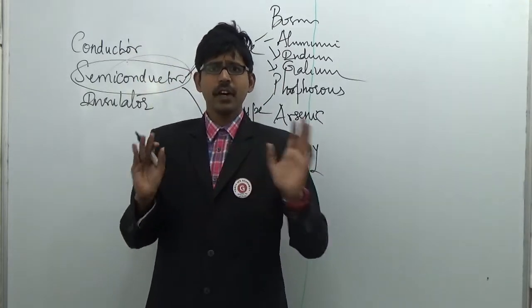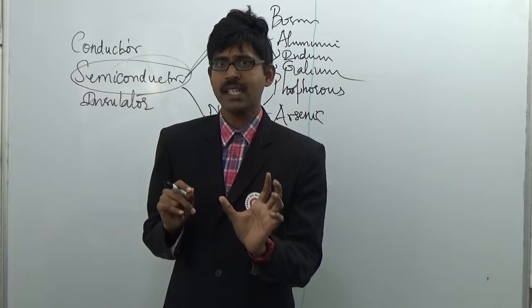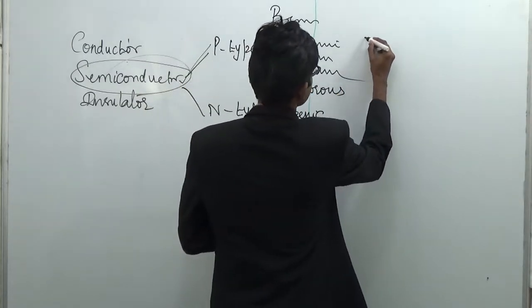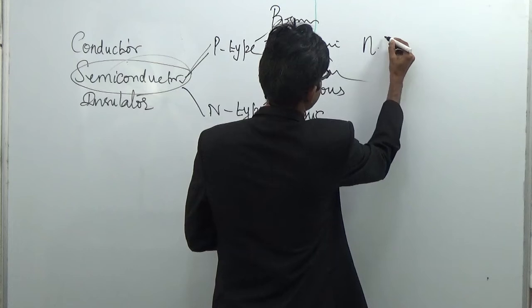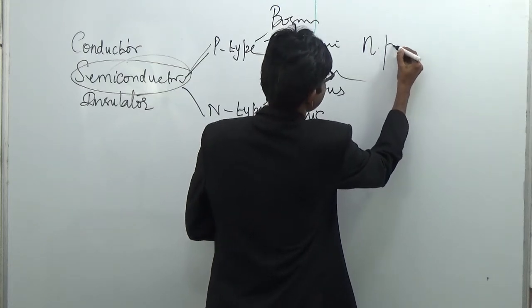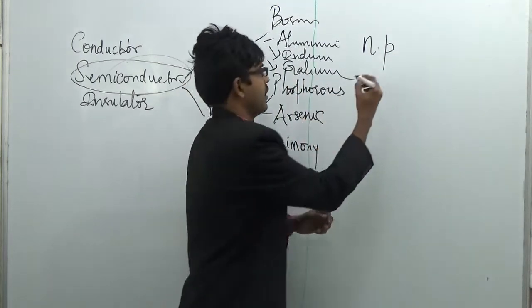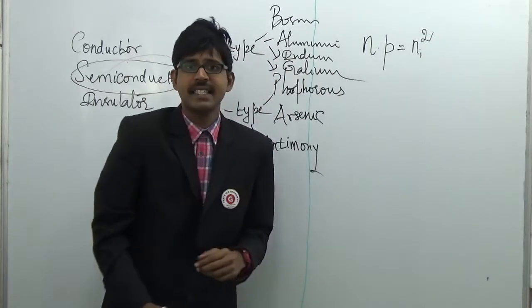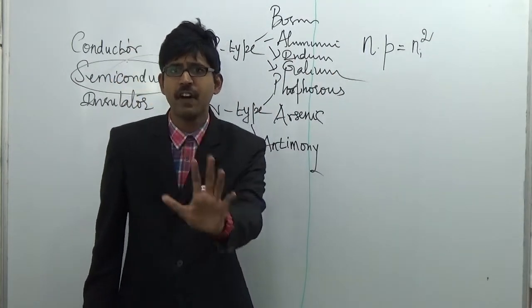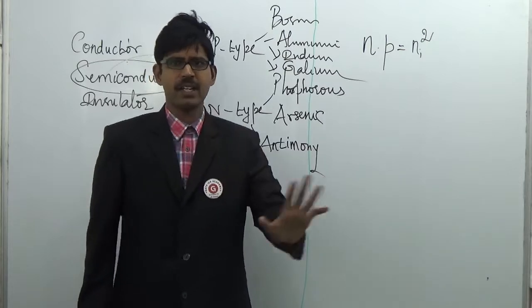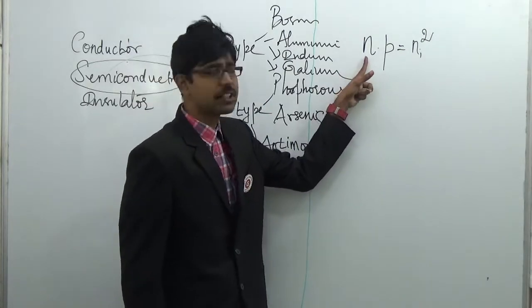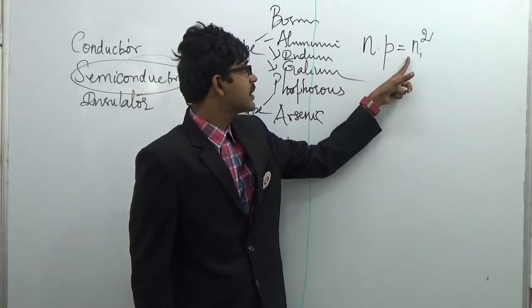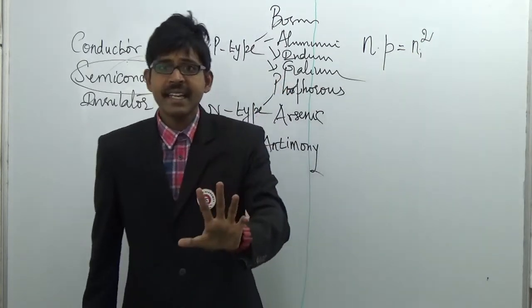For this you have to use a very important formula: electron concentration multiplied by hole concentration is equal to the square of the intrinsic concentration. You need to learn this by heart and understand this.